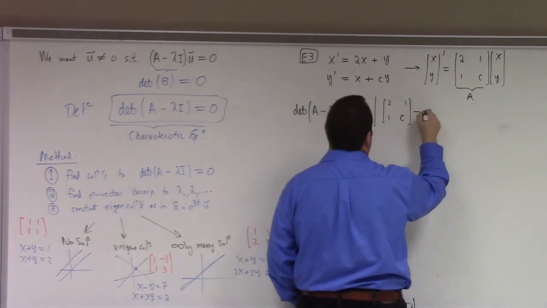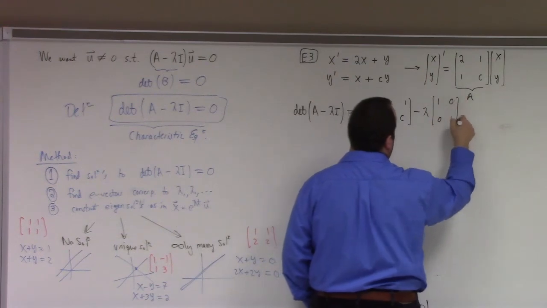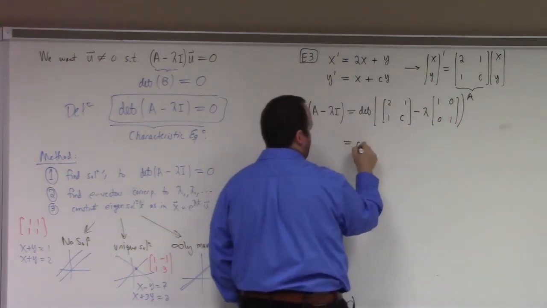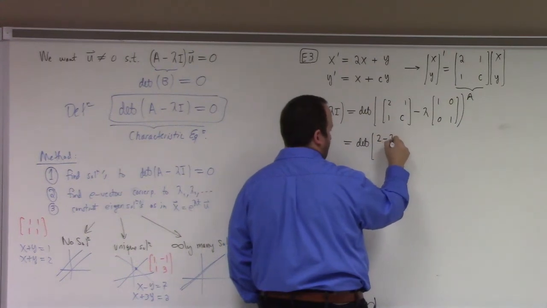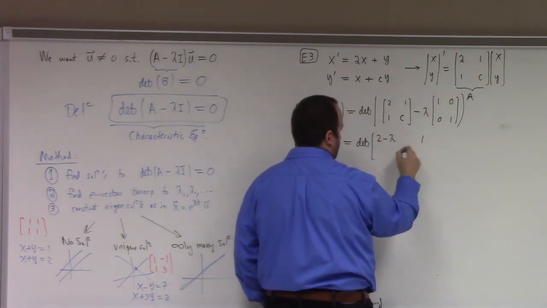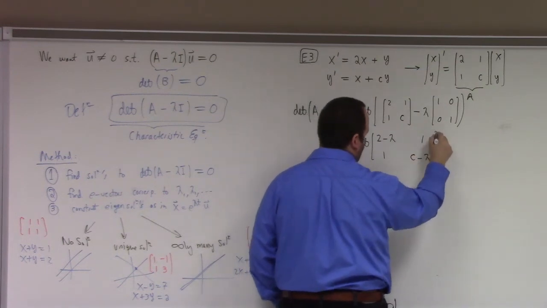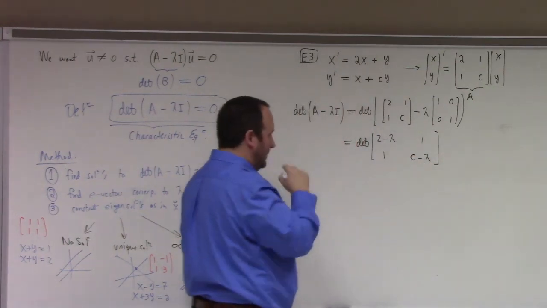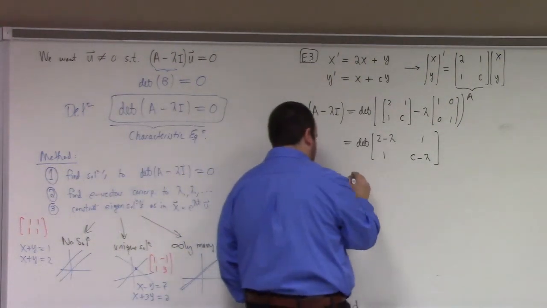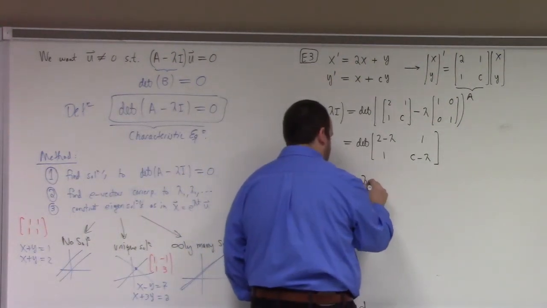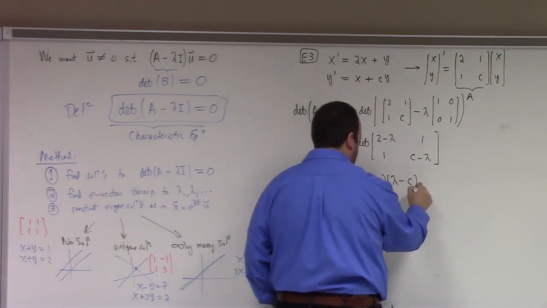And then minus the identity matrix, which is 1, 0, 0, 1. So that's the determinant of 2 minus lambda, 1, 1, C minus lambda. So that's lambda minus 2 times lambda minus C, minus 1.